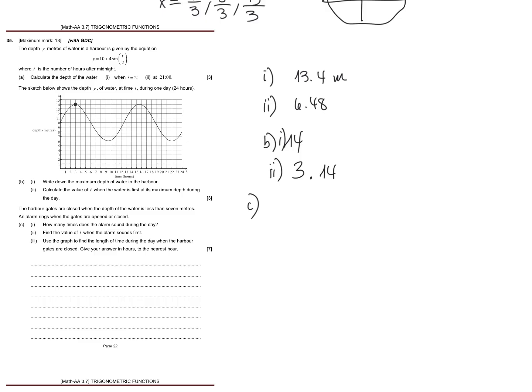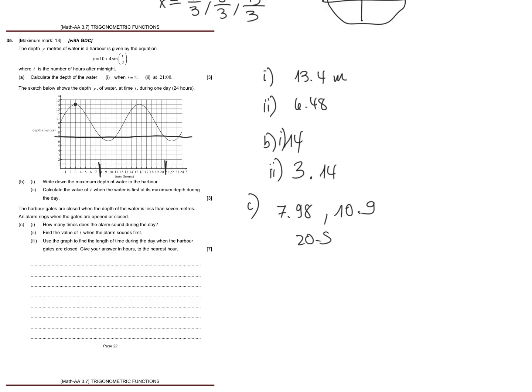So if we put in 7, this here is 7.98. And then here's at 10.9. And then here is 20.5, this one.